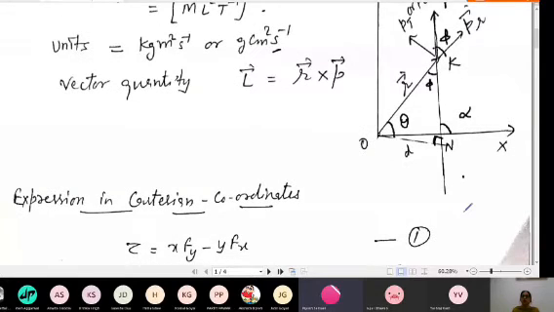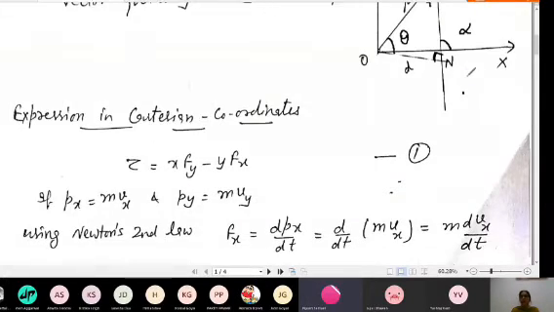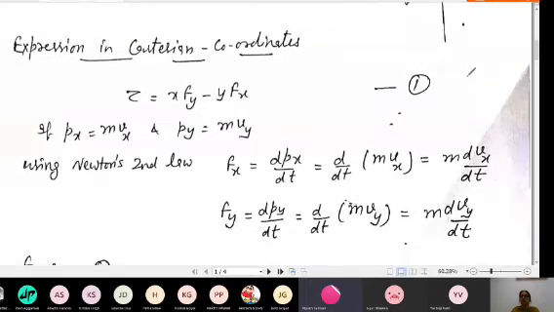If I talk about Cartesian coordinates, we are taking the same diagram and the same names, so that you are comfortable with it. This is my previous expression of torque in Cartesian coordinates, which we derived. It is given by x Fy minus y Fx.